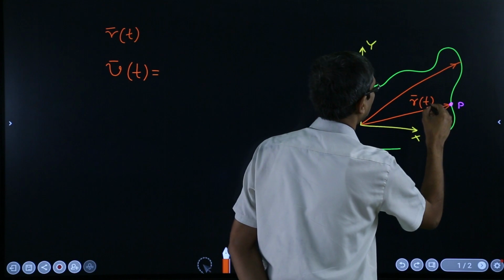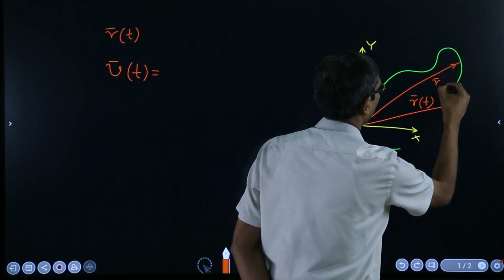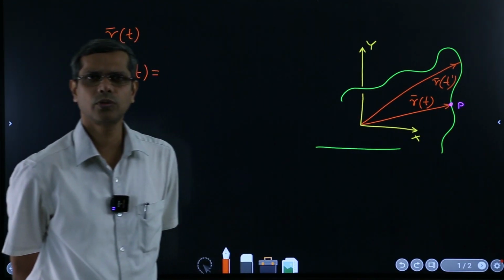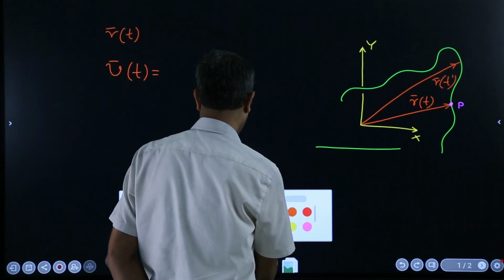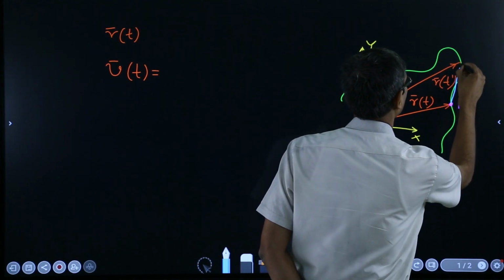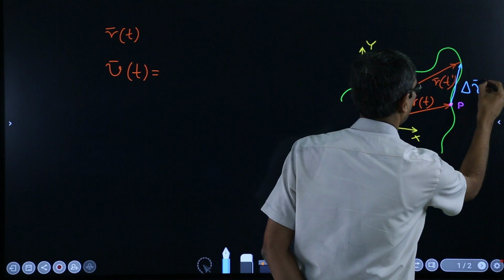So it was r at t and it is r at t dash. From here to here is your delta r.